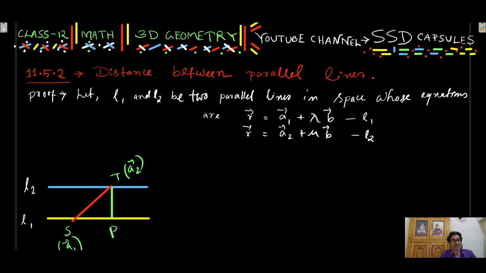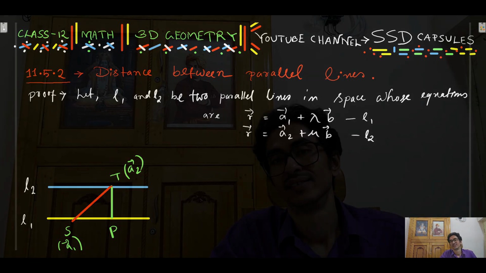So P is the foot of the perpendicular drawn from the point T on the line L1. This PT is the perpendicular distance between the lines L1 and L2. So we are going to find the magnitude of the PT vector. Then we are done, because the magnitude of the PT vector is the required shortest distance between the two parallel lines.